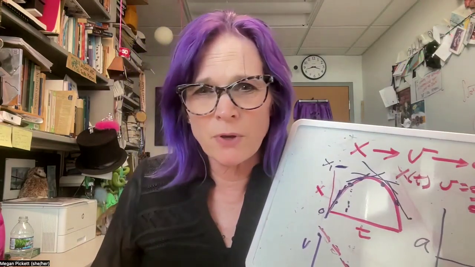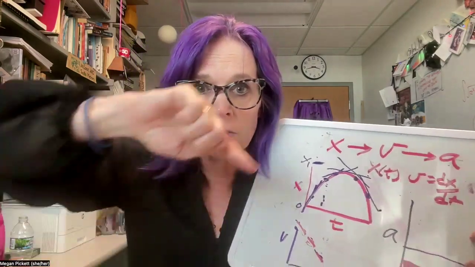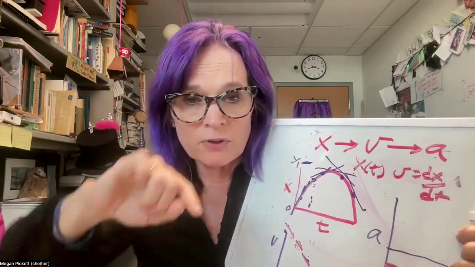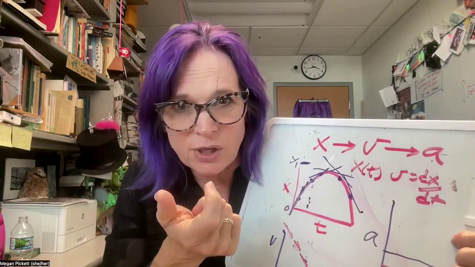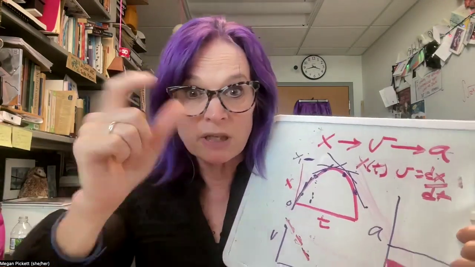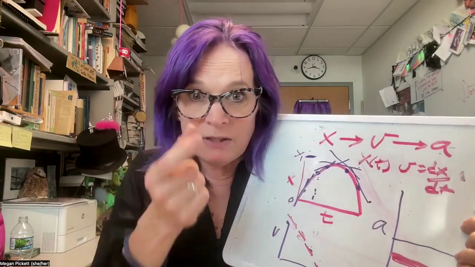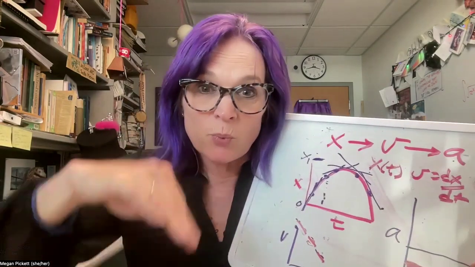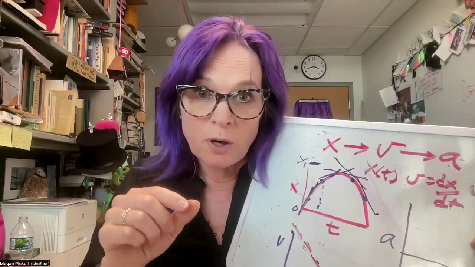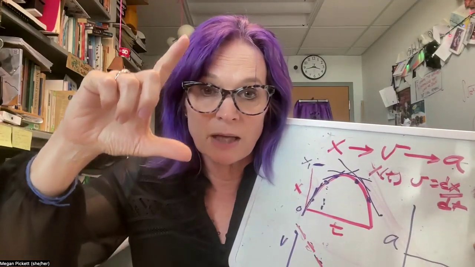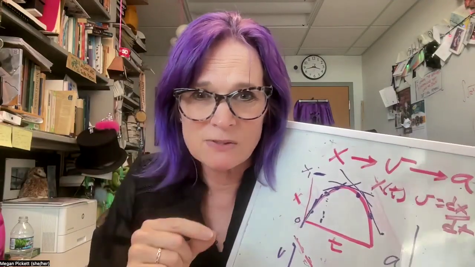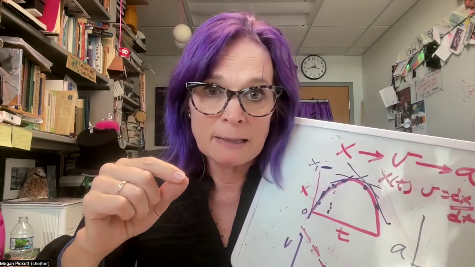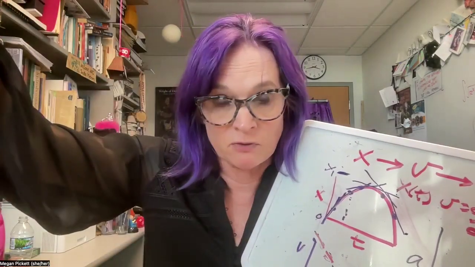And you have a problem in the homework where you have a kind of complicated curve, and it asks you, how is position changing with time? Where is it speeding up? Where is it slowing down? Think of it this way. Remember that the slope is the rise over the run. So if you are increasing your distance by a large amount in a short amount of time, that means that you've gone really, really fast. And if you've gone far away, say, in a short amount of time, you've gone at a very high positive speed.